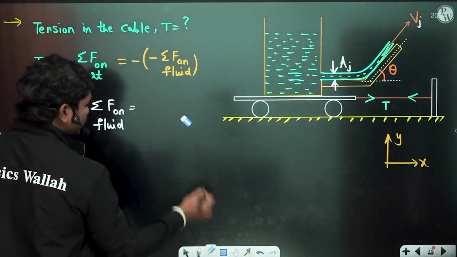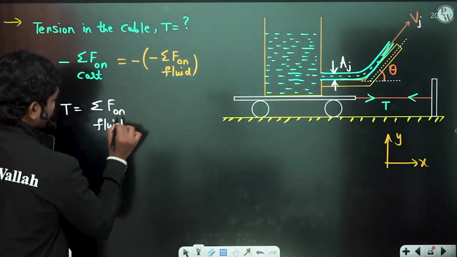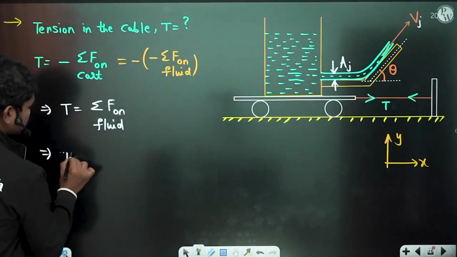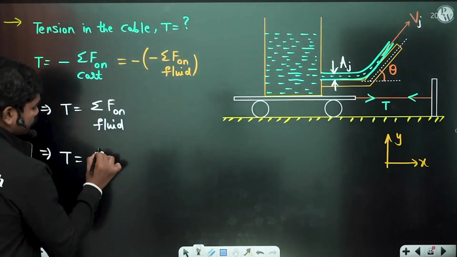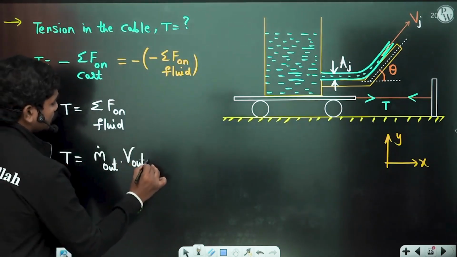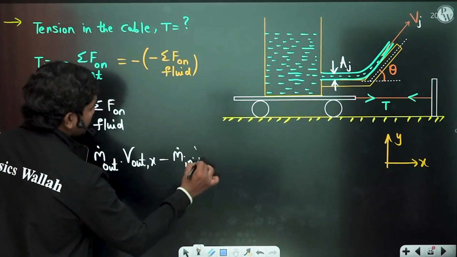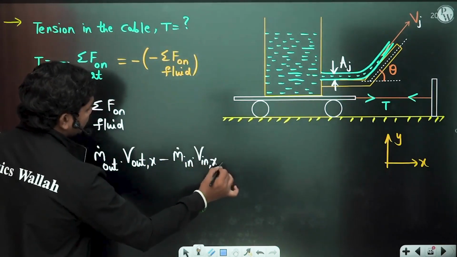Let us write in the next line, so that could be better. Tension in the cable is equal to m dot out V out in the x direction minus m dot in V in the x direction.